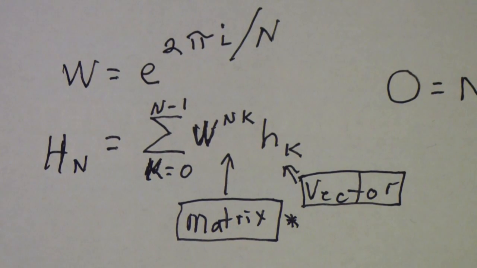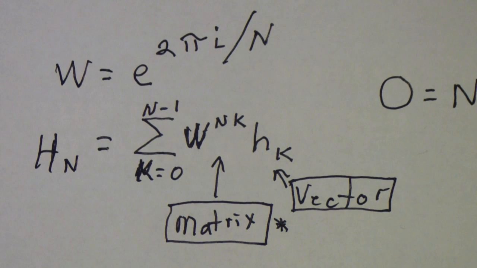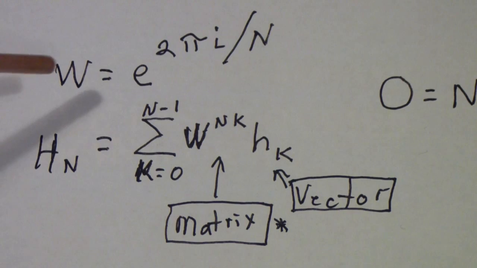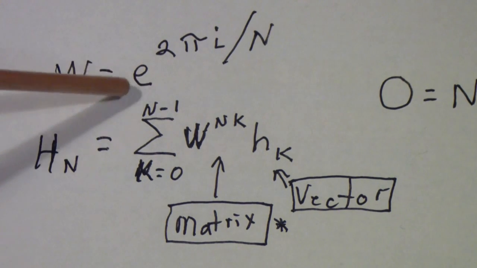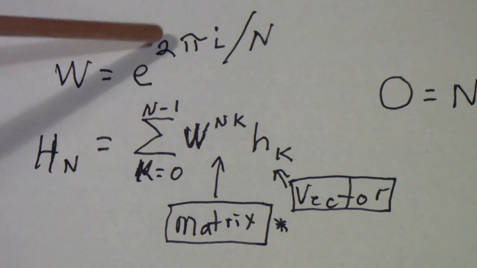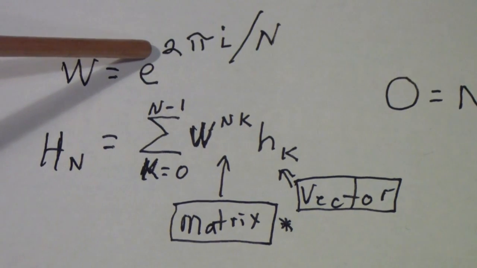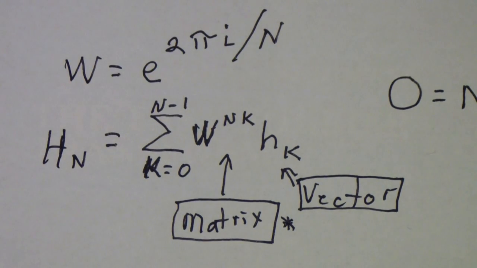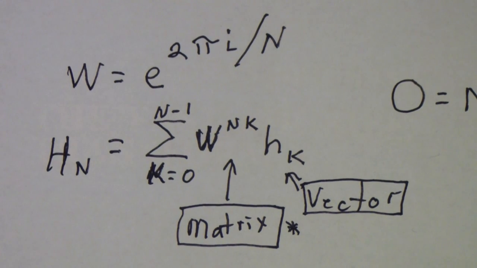Well, one of the problems is, if you look at the original work by Fourier on Fourier analysis, he defines the Fourier transform in terms of an exponential with 2 pi i divided by n, where n is the number of samples that you're working with, or the number of data points.